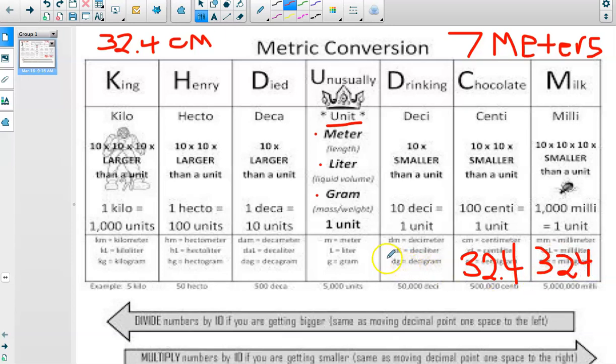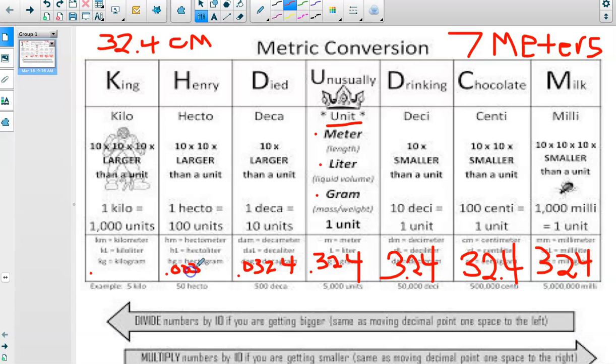I'm moving to the left, so I move it 1 to the left. It'd be 3.24. Move it over to the left again, 0.324. Then 0.0324, boy, this thing's hard to write with, and then you just keep moving it to the left.